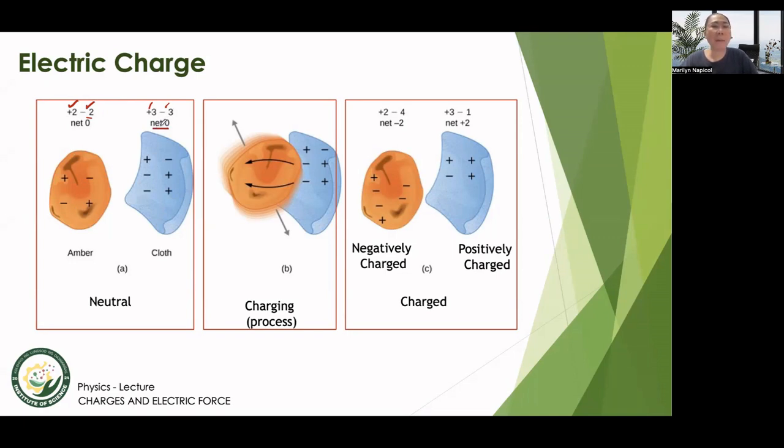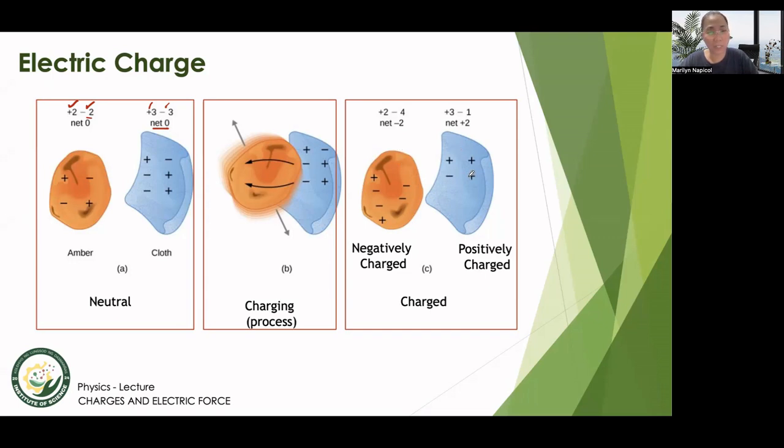Now, kapag nag-start yung charging process natin, if you rub them together, pagkiskisin nyo silang dalawa, what will happen now is that some of the charges are transferred from one body to another. In this case, ang nangyari is that yung negative charges natin, mas napunta siya dito sa amber.